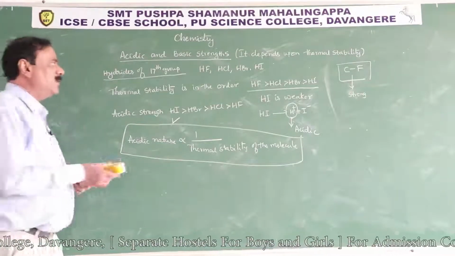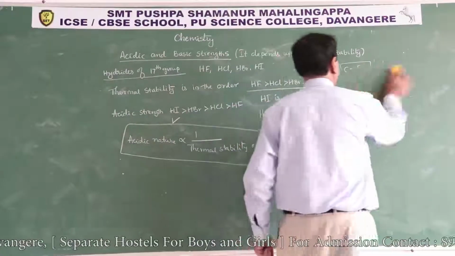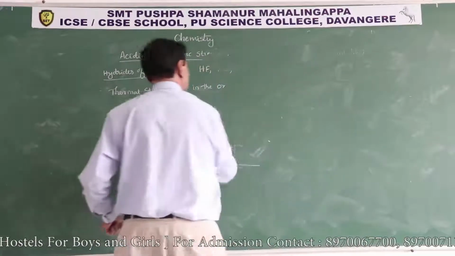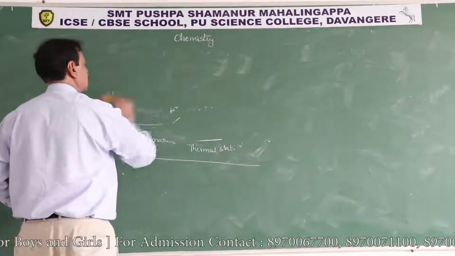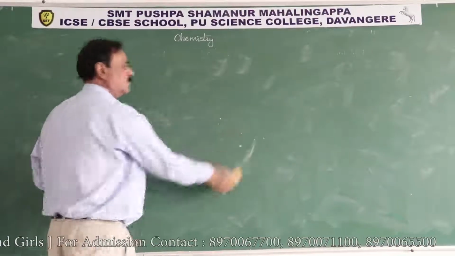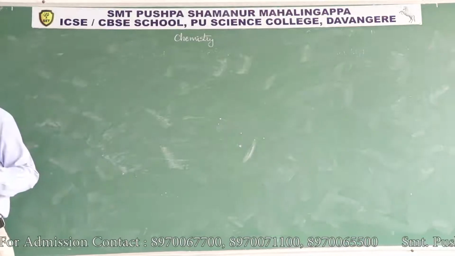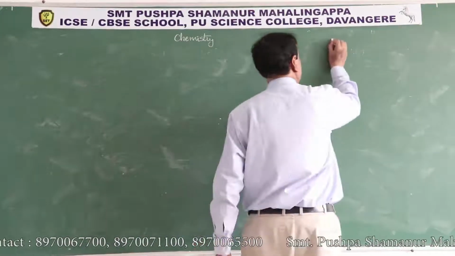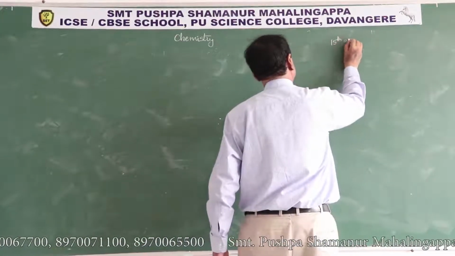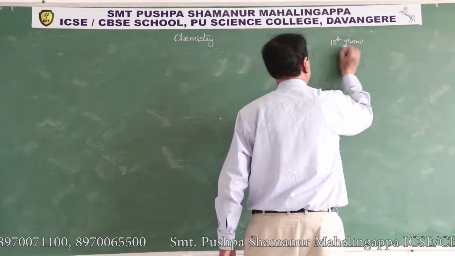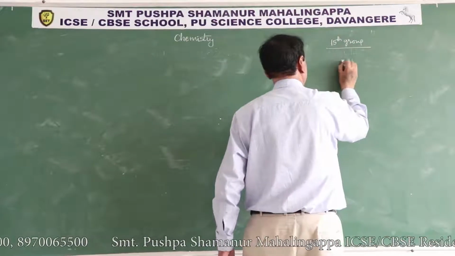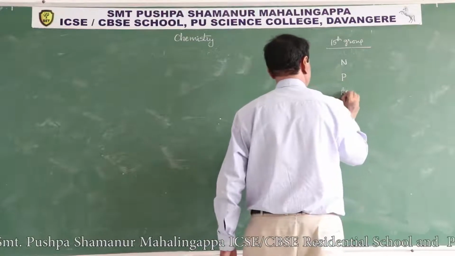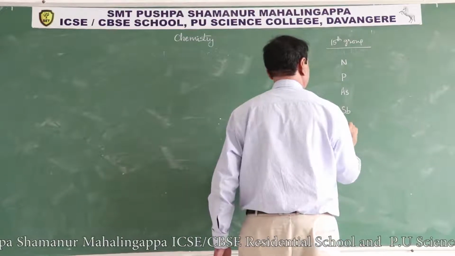You know that in the 15th group of the modern periodic table, we have nitrogen as the first element, then phosphorus, arsenic, antimony and bismuth.